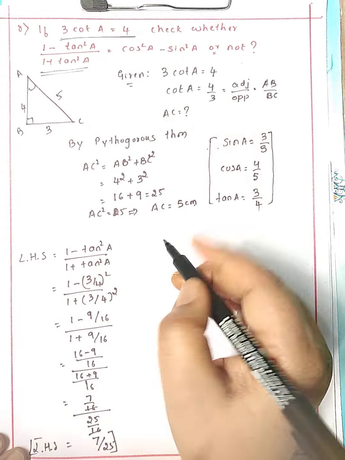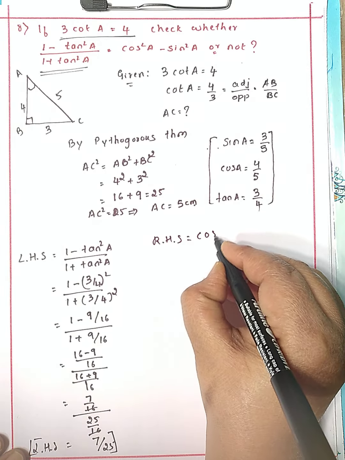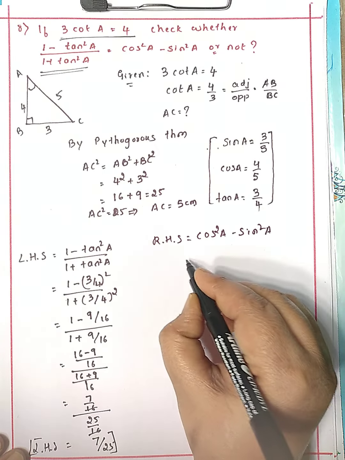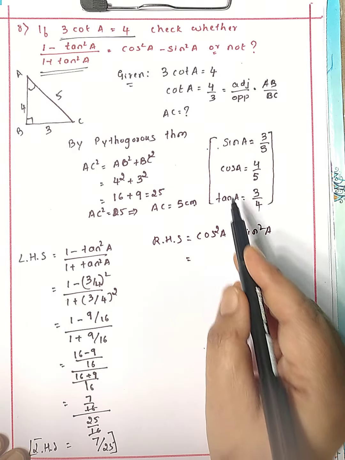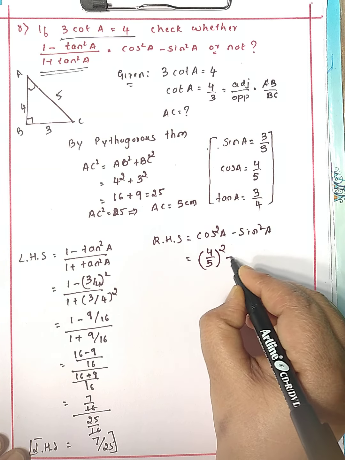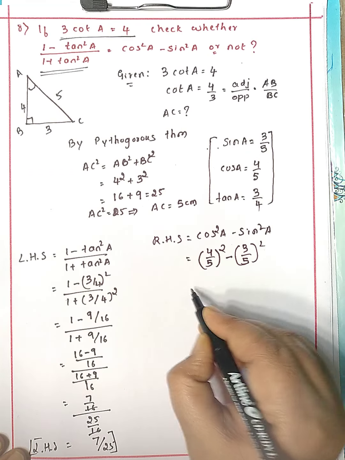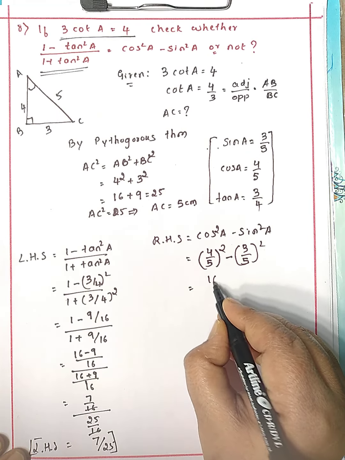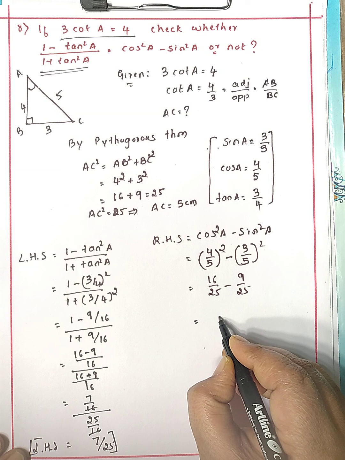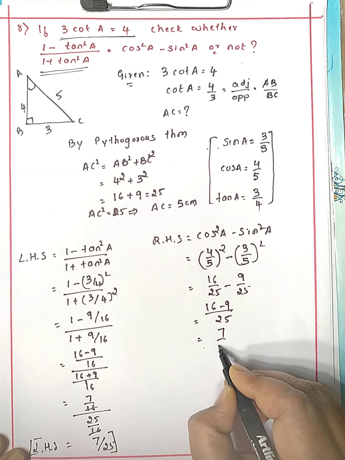Now we will see the value of RHS. So RHS is cos square A minus sin square A. Cos A is 4 by 5. 4 by 5 whole square minus sin A is 3 by 5 whole square. 4 by 5 whole square means 16 by 25 minus 9 by 25. Take LCM. 16 minus 9, it becomes 7 by 25.